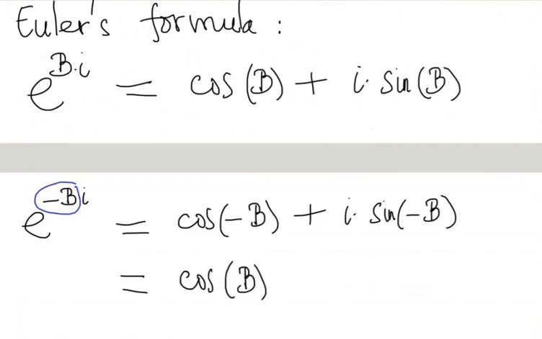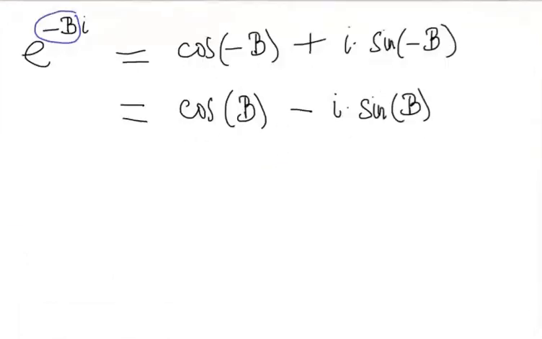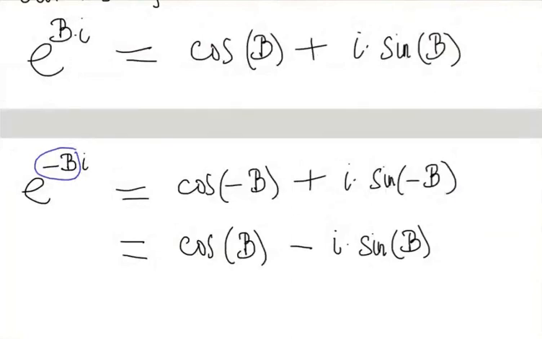So we get the same cosine b. On the other hand, sine is an odd function, so minus will turn the value to minus. And we have minus i times sine of b. So the difference in the formula is that we have minus i sine b.